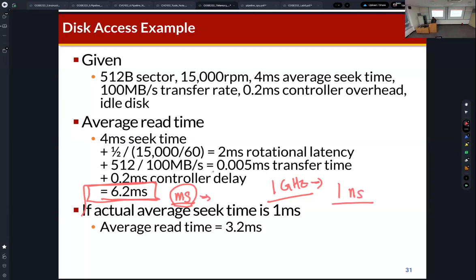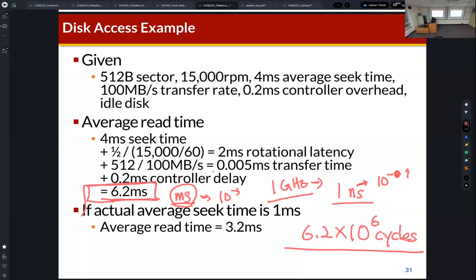So this is the 10 to the power minus 3, and then nanosecond is the 10 to the minus 9, 10 to the power 9. Then 6.2 milliseconds is the 6.2 multiplied by 10 to the power of 6 cycles.